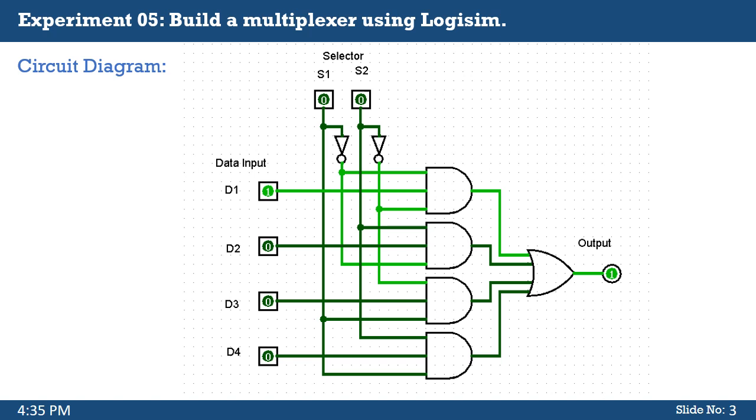Now I would like to describe how a multiplexer works, or what a multiplexer does. In digital systems, many times it is necessary to select a single data line from several data input lines, and the data from the selected data input line should be available on the output line.